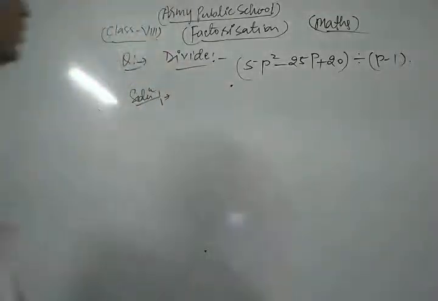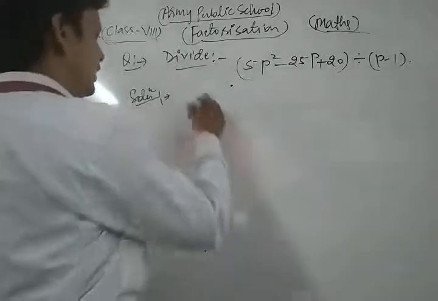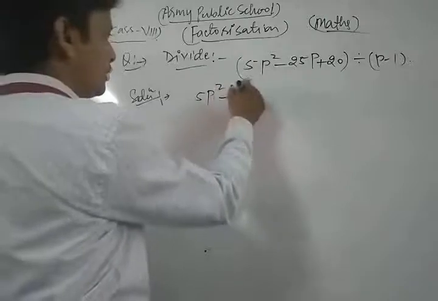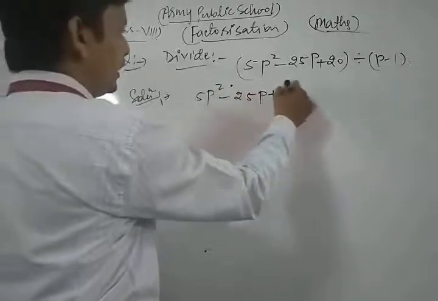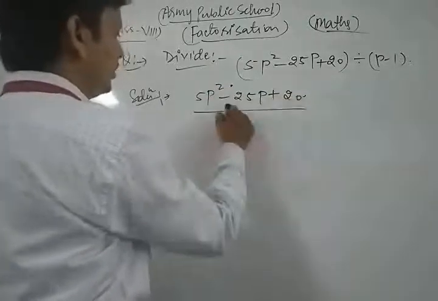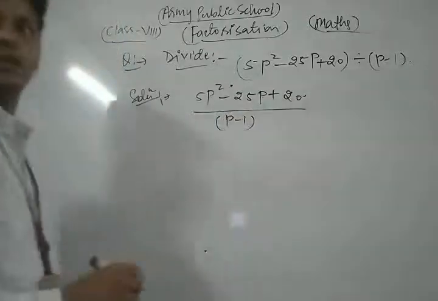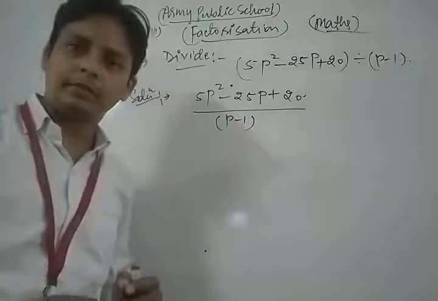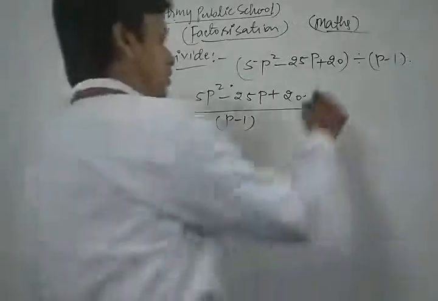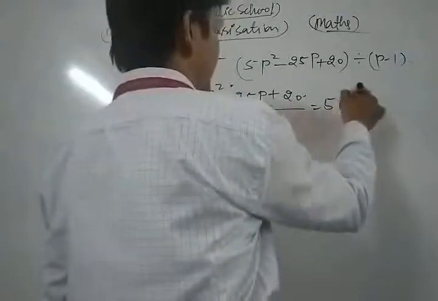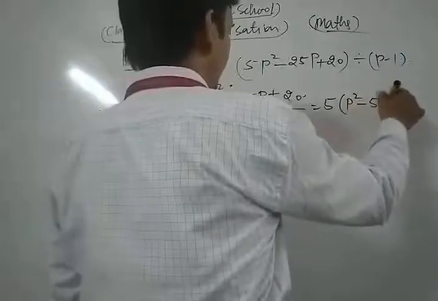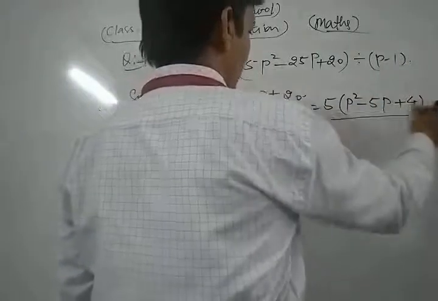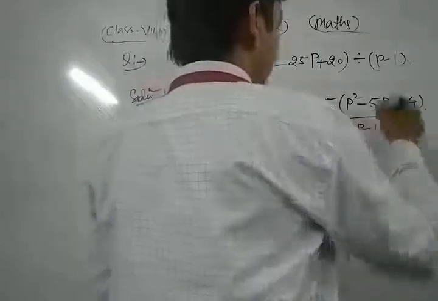Let's see. First of all, we write the given polynomial 5p square minus 25p plus 20, and we write p minus 1 as it is in the denominator. Now first of all, we take 5 as common. So we get 5 into p square minus 5p plus 4 divided by p minus 1.